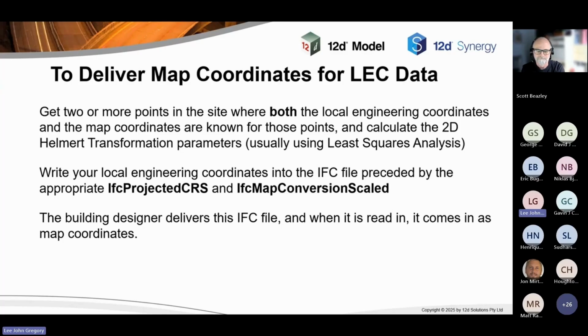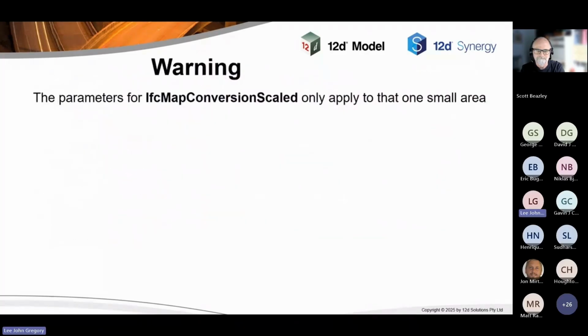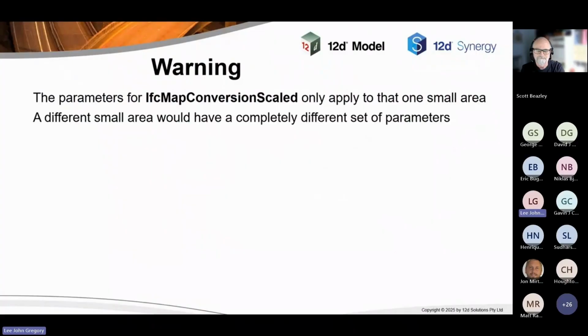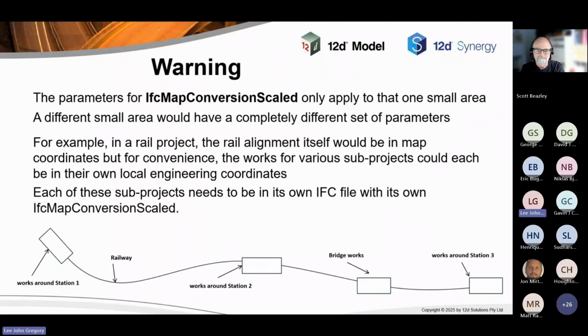And you whack that information, projected CRS, a map conversion scale with those parameters in your file, and hey presto. The big thing you've got to know there is those parameters only apply to one small area. If you've got a lot of different small areas, they're going to have different parameters. So a classic case is for a road or rail, where it'll be in map coordinates. You need different IFC map conversion scales for all the little projects along the way. You can't use the one thing, you'll be totally out of it.